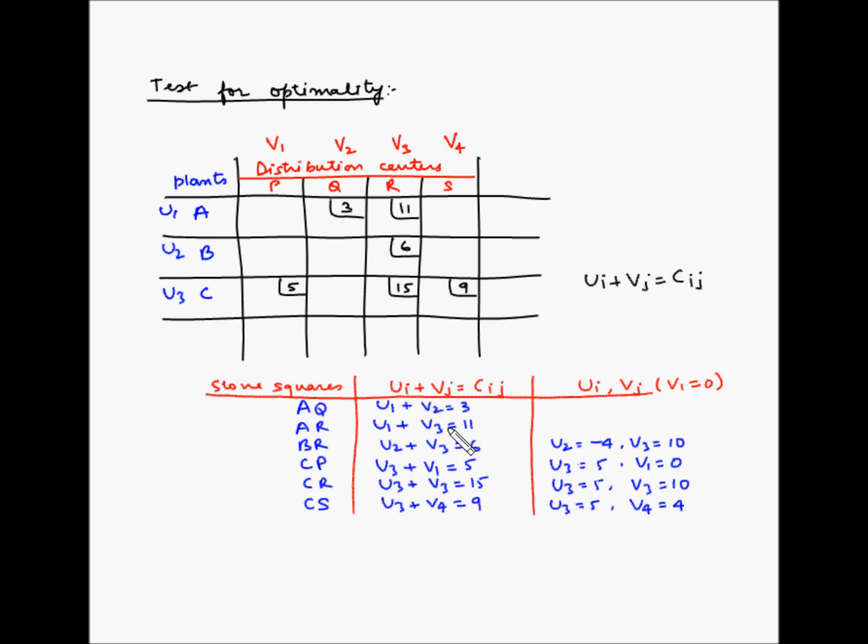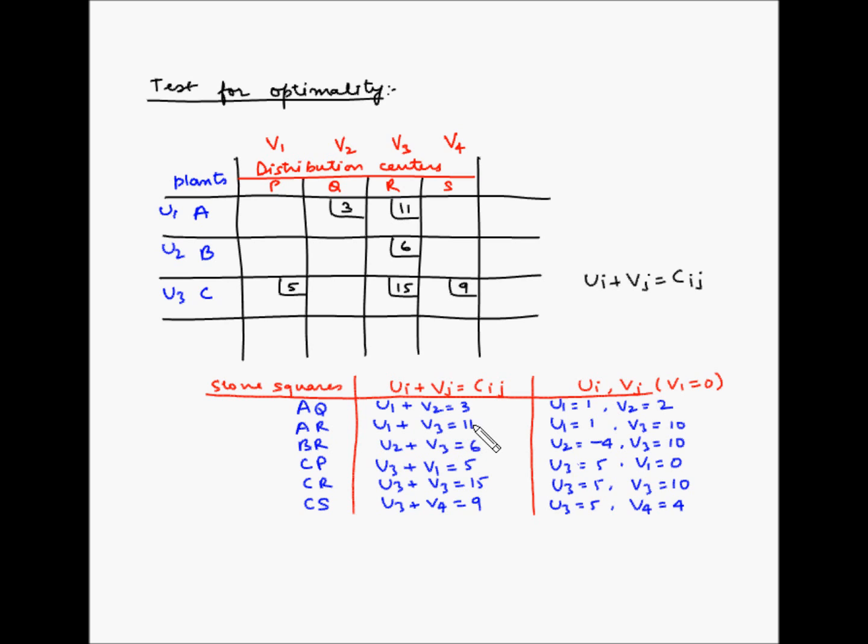So V3 is 10. U1 is equal to 11 minus 10, which is 1. Now let's put the value of U1 in the equation for AQ. So U1 is 1. So V2 becomes 3 minus 1, which is 2.